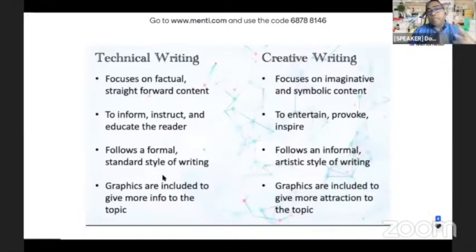No? So for technical writing, it will follow a certain format. No? It's formal and it follows a standard style of writing, which we are going to discuss today. No? So, hindi siya tulad ng creative writing, which is informal, artistic style of writing. No?